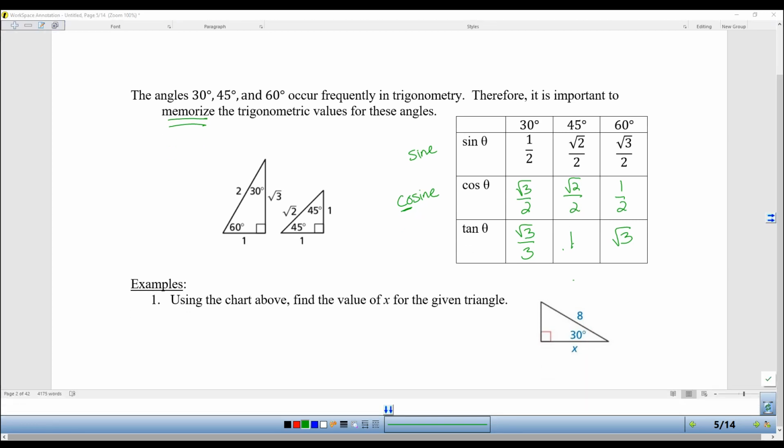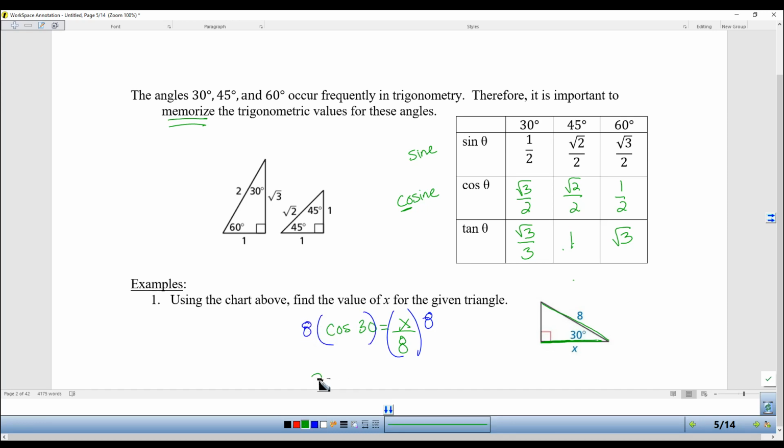So how do these trig values help us? Well, it helps you not have to use your calculator. So I look at this triangle and I want to know what the value of x is. And I think, well, when I'm looking at 30, x is considered adjacent, and then this is hypotenuse. So I'm going to use cosine. So cosine of 30 is equal to adjacent over hypotenuse. And of course, the first thing I do is clear my fractions.